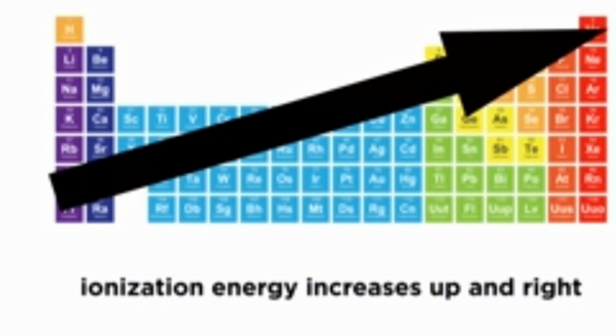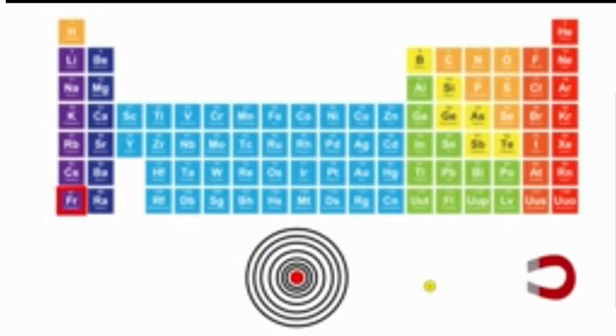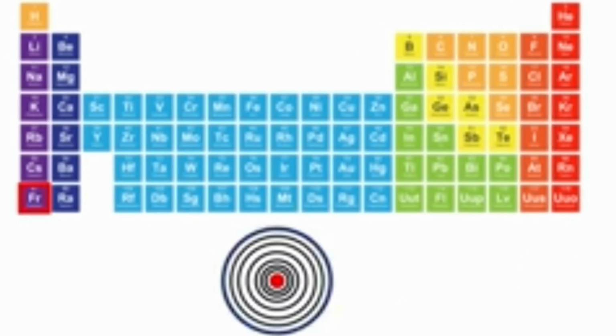This means the ionization energy trend is precisely the opposite of the atomic radius. For instance, a very large atom with only one valence electron will be easy to ionize because the electron is so far away from the nucleus, and atoms like to have their outermost shell completely filled.